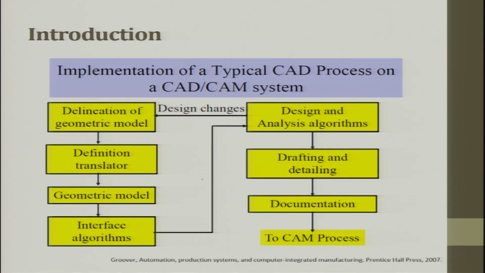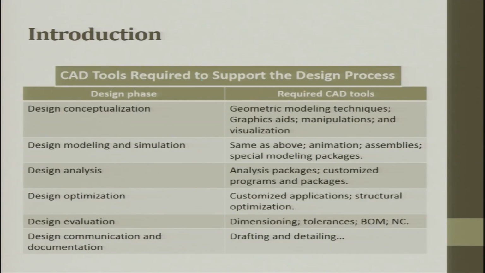This interface algorithm goes to the design and analysis algorithm. Here design changes can happen between these two, then comes drafting and detailing, documentation and finally a CAM process. These are the steps involved. So, these are the CAD tools required to support the design process.